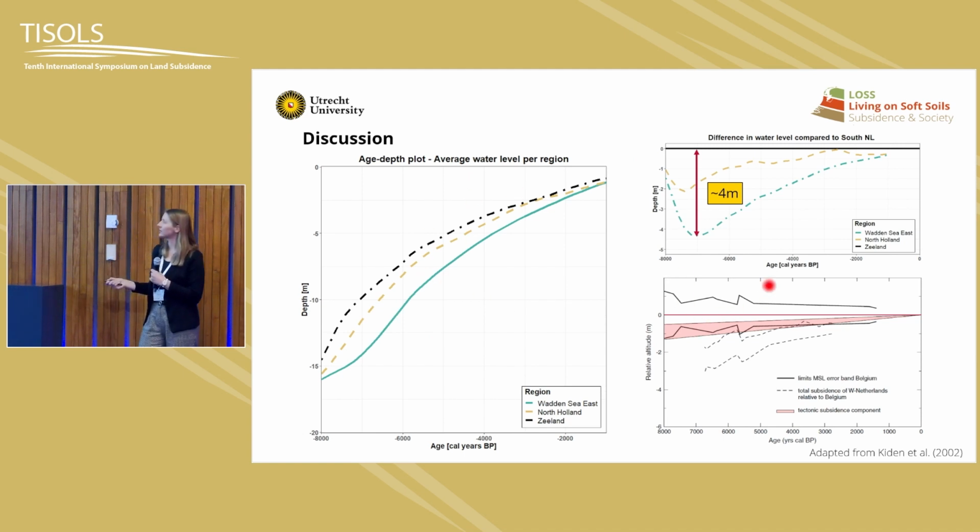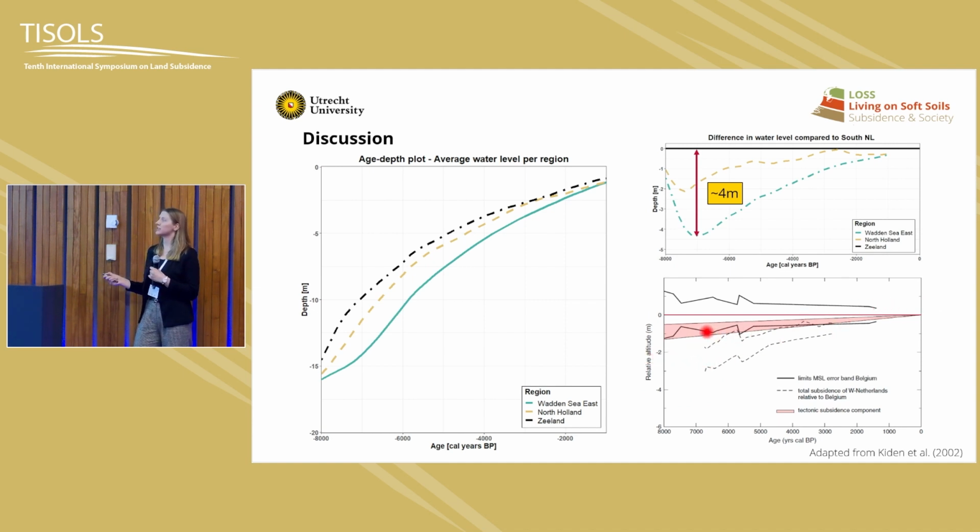And then I've put this figure from Keaton et al. 2002 below here, which also has a similar comparison. The black line here was mean sea level in Belgium, and the dashed line is the western part of the Netherlands. He also put in the tectonic rate, which is this linear envelope.